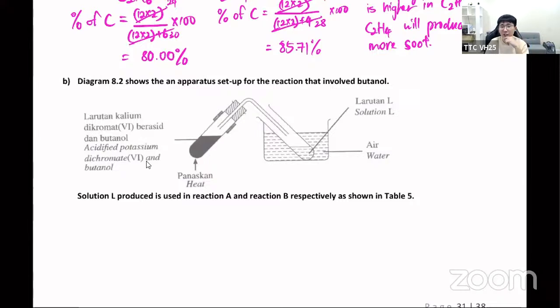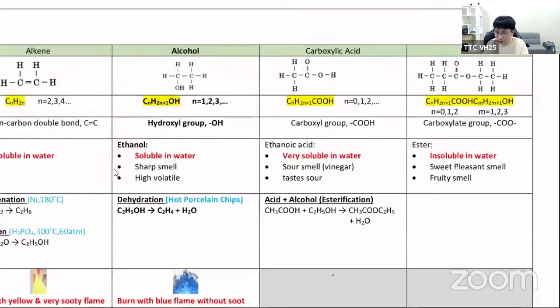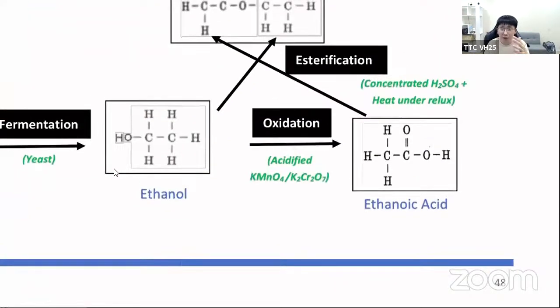Correct. It's oxidation. Why is this oxidation? Because what agent do we call our potassium dichromate and potassium manganate? We call them oxidizing agents, right? So technically, they will supply oxygen and they will oxidize your butanol. And if you're not sure what's happening right here, go back to the notes in our carboxylic acid, just now the flow chart.